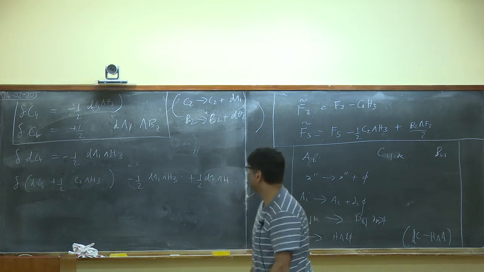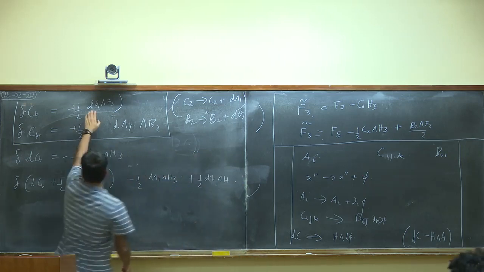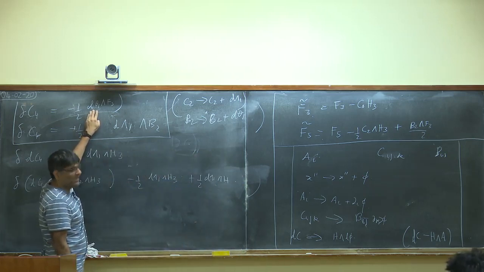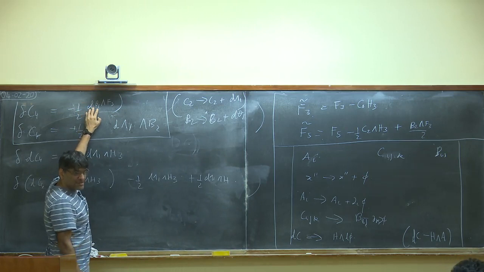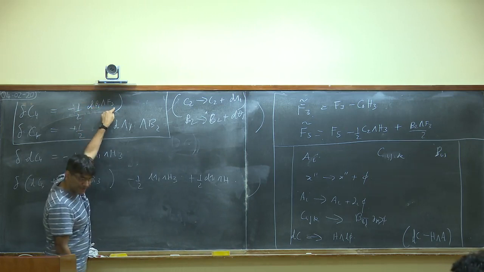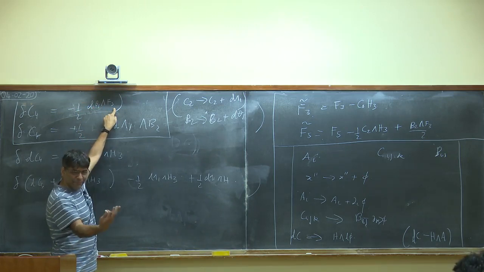Under the NS gauge transformation, it's d of the NS gauge transformation parameter wedge the Ramond 3-form field strength.